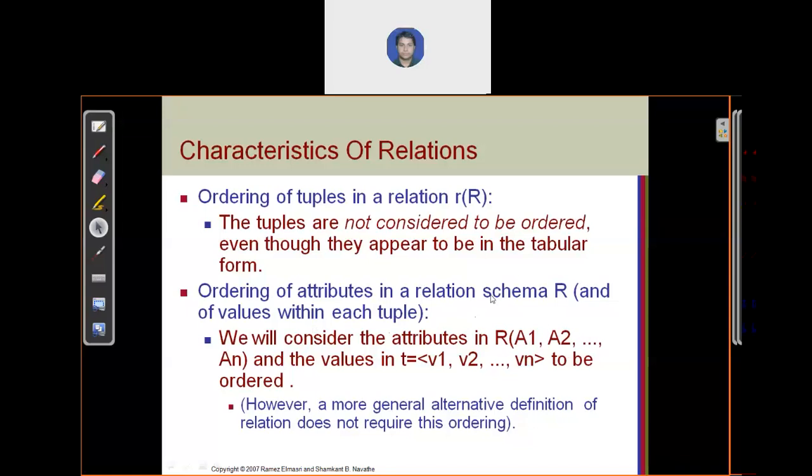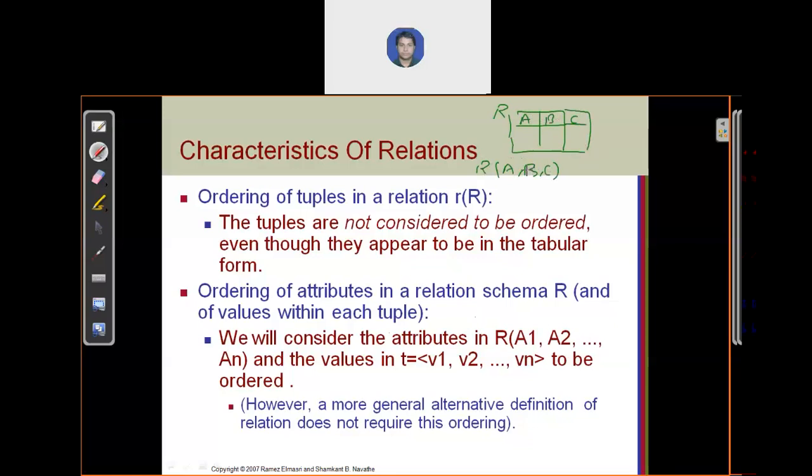You write your relation name, then the list of attributes. Suppose your relation is R and the three attributes are A, B, and C. So you will write the relation schema as the relation name and the list of attributes A, B, C.